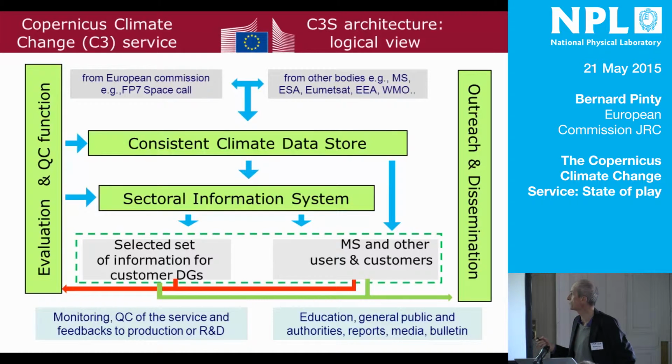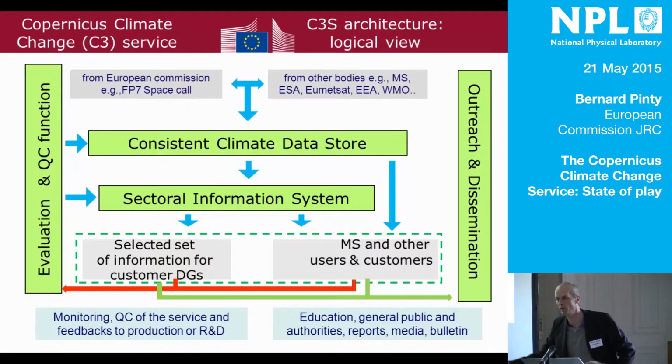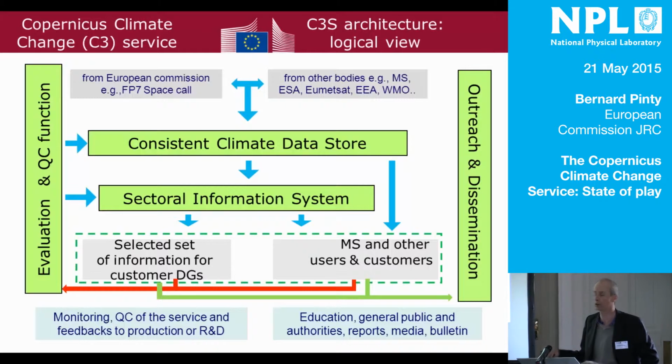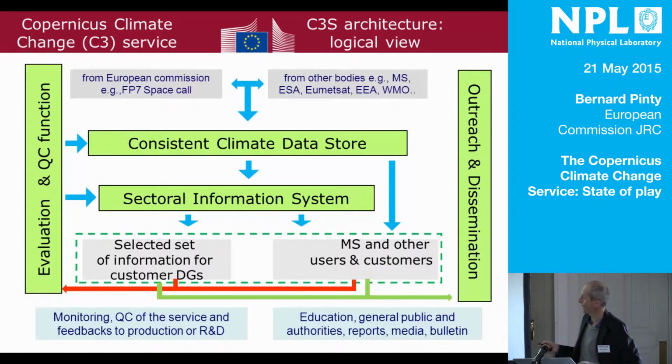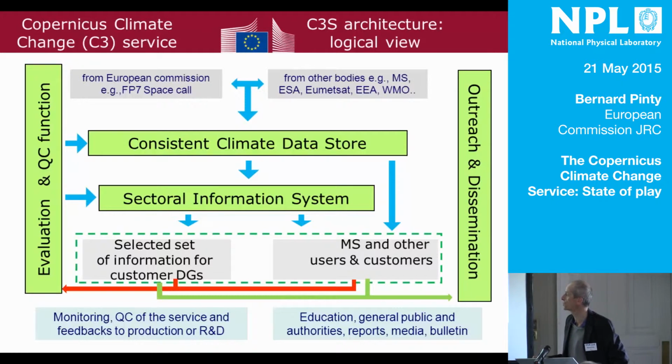This is the main source of information for designing a sectoral information system. Basically, it means going from the geophysical information to something palatable to policymakers, so that people can easily understand indicators. And then we'll be able, with that, to support member states and users.